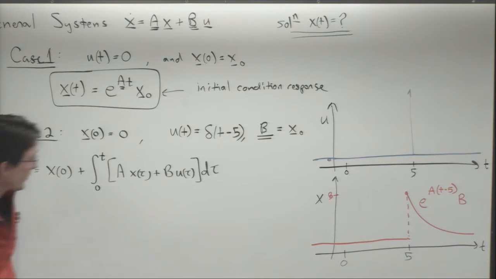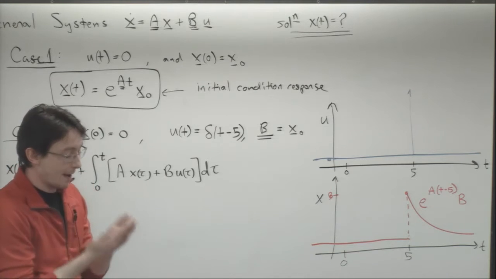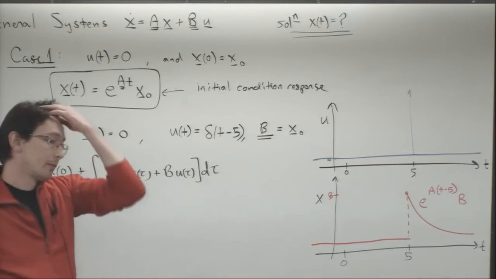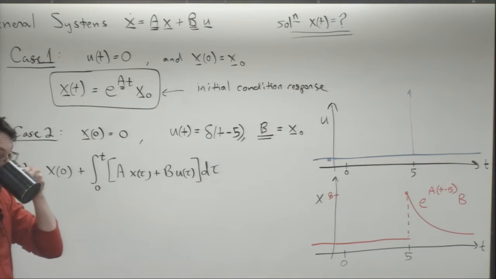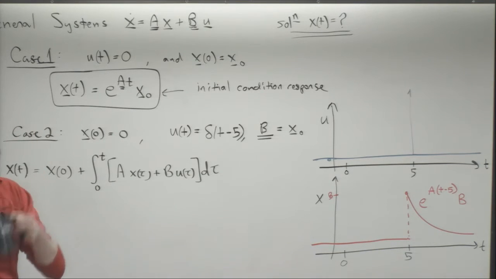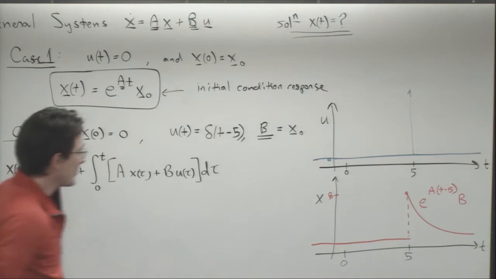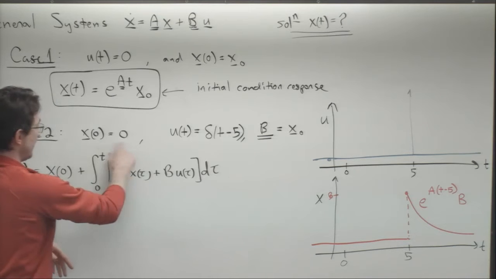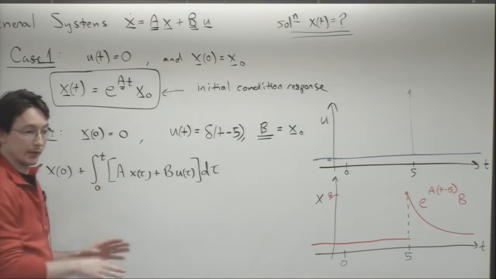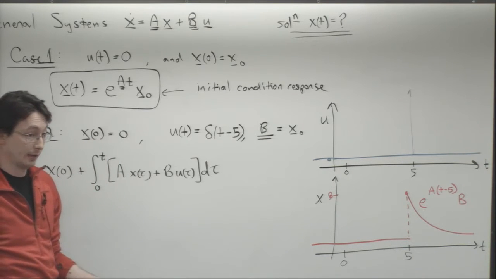I guess I'm a little confused because this is the case where the initial condition is 0 and then there's force, right? Yes. So what is the initial condition that you're talking about, which is b? Okay. So the real initial condition of the system is 0. x at time 0 is 0. The system has no initial state.